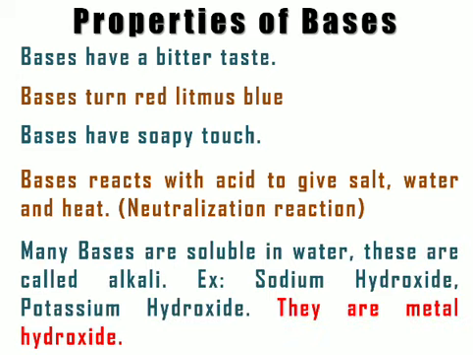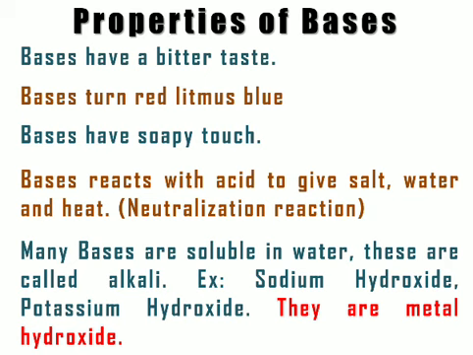One of the important characteristics of bases is that many bases are soluble in water. Not all, but many bases are soluble in water. The bases which are soluble in water are called alkali. Remember this. Examples are sodium hydroxide and potassium hydroxide.